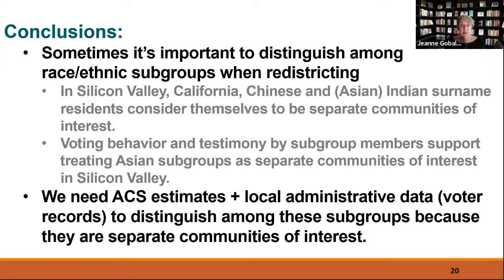Sometimes these communities of interest are small, which adds a lot of uncertainty when we examine correlations like I just showed you in order to find whether there's evidence of racially polarized voting. It's getting more complicated, and unfortunately the PL data don't meet all of our needs. The ACS takes us pretty far in the direction of getting what we need, but we still need to use local administrative data to distinguish among the subgroups.